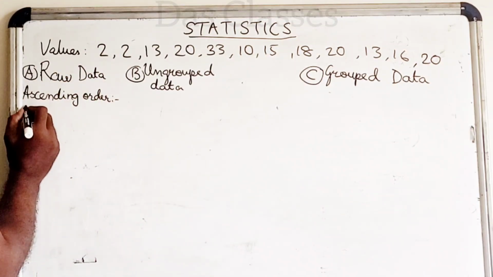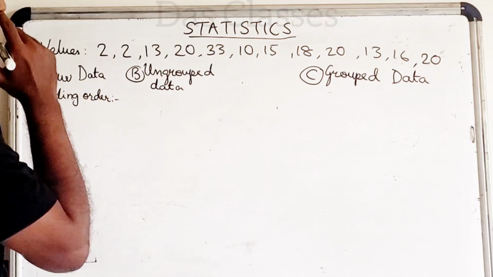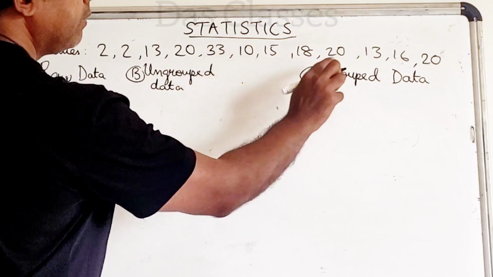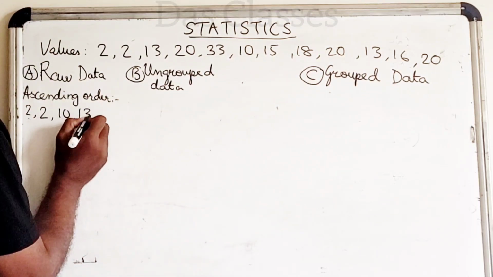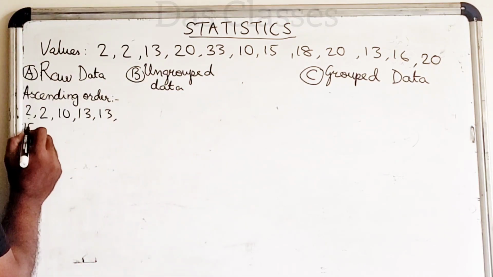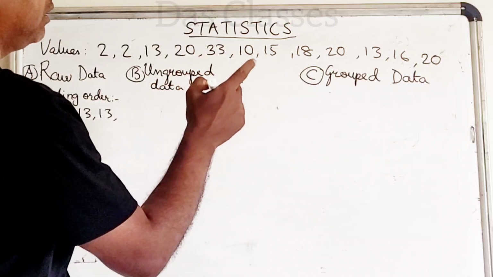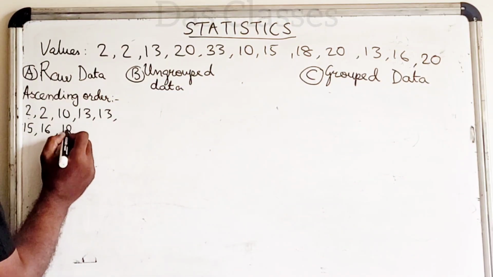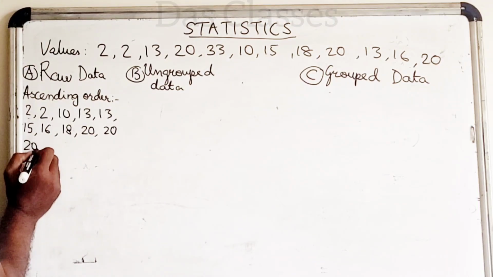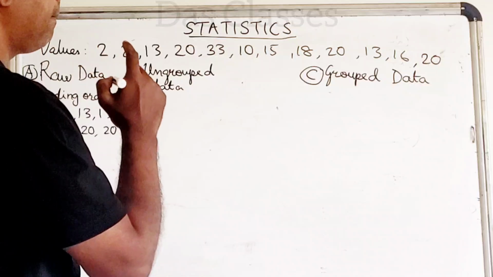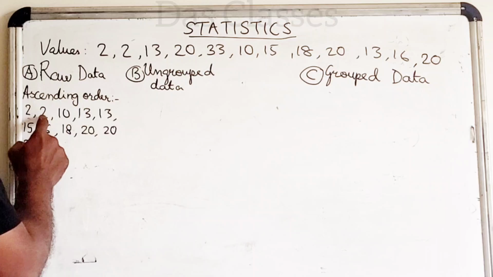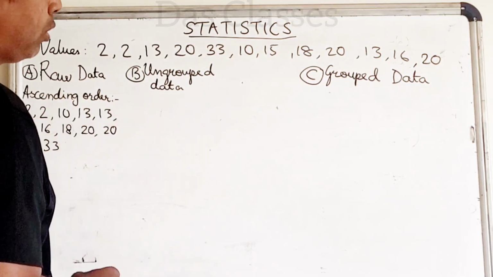Starting from 2, then 10, then two 13s, then 15, 16, and 18, three 20s, and a 33. Just to check, I have written all the values: 12 values. Yes, I've written all the 12 values down.